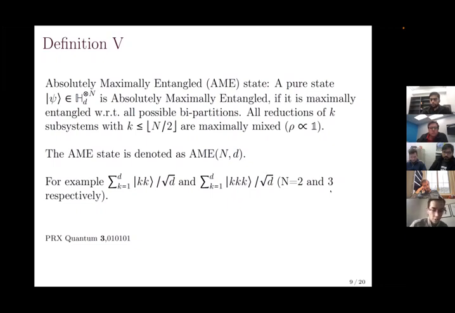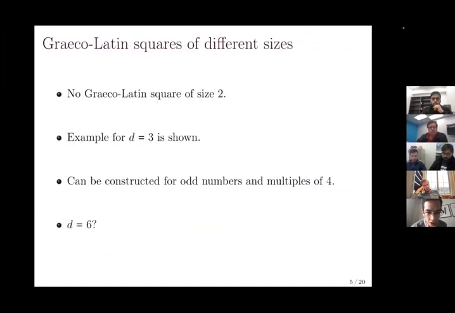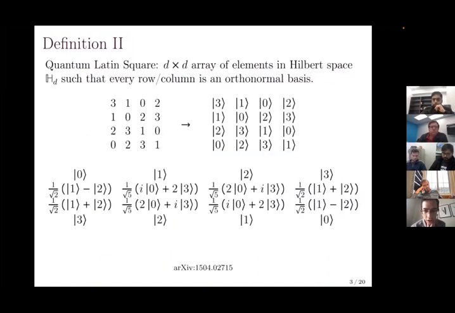Do you mind going back to the first time you showed the quantum Latin square? Okay, yeah. What is their strategy? They're saying each of these kets lives in a Hilbert space that's a tensor product of 4. Is that what you're saying?